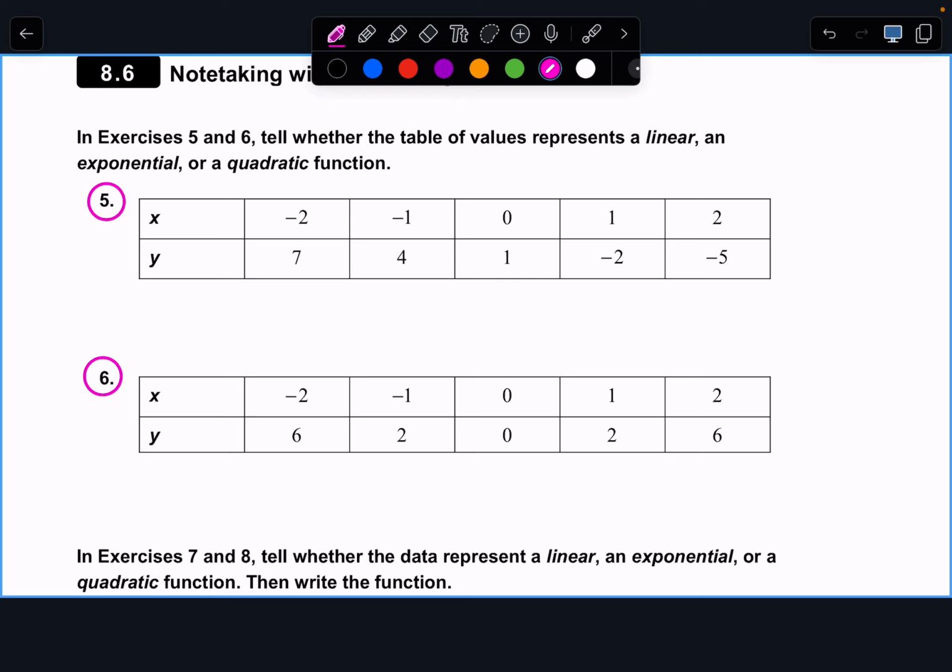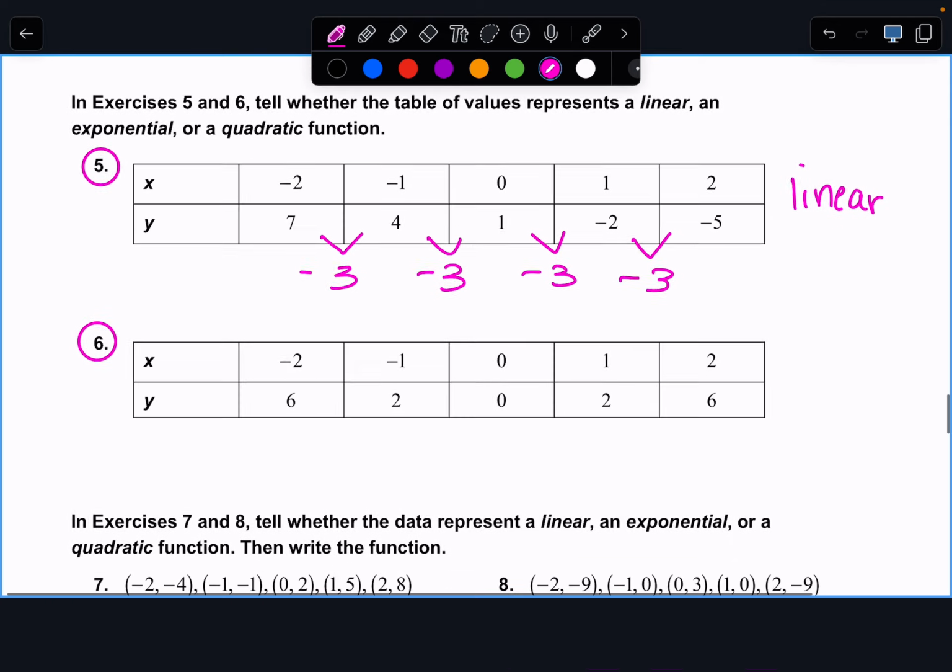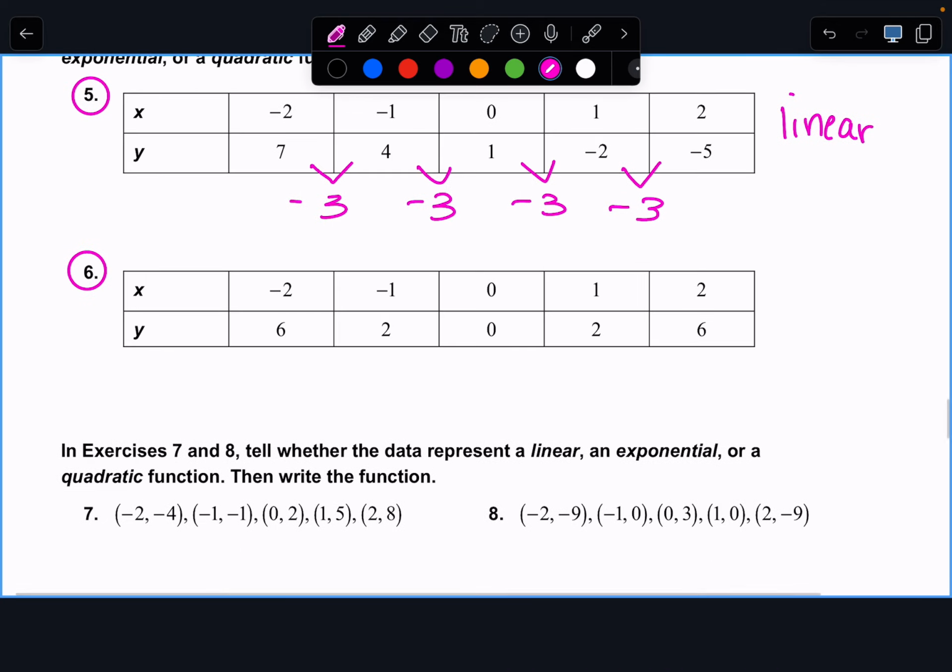Okay, I'm having some people run into some problems with number 6. Okay, first of all, tell me about number 5. What is it? Linear. Number 5 is linear because we are down 3 each time, right? Okay. Now, with number 6, is our X column consistent? Yes.